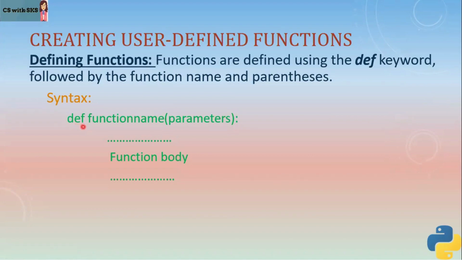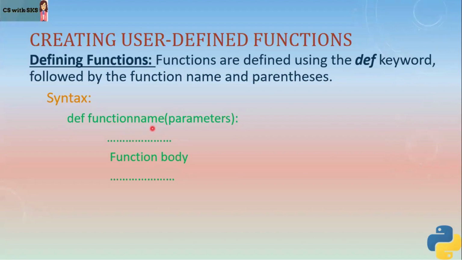So you start with def, then function name, that can be any valid identifier name, right? We have covered naming conventions and rules about variable names in our day 1 Python session. So you can revisit day 1 session to understand what are valid identifier names or what are the naming conventions to give a variable name, right?